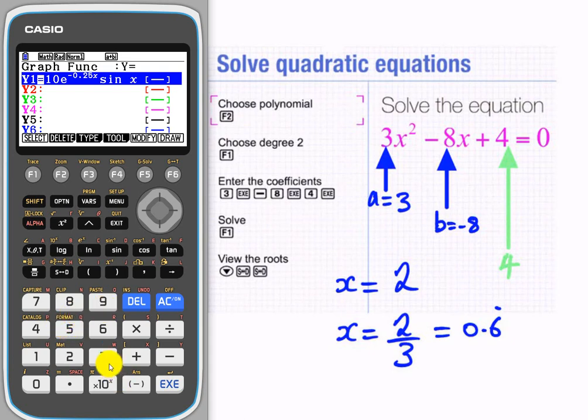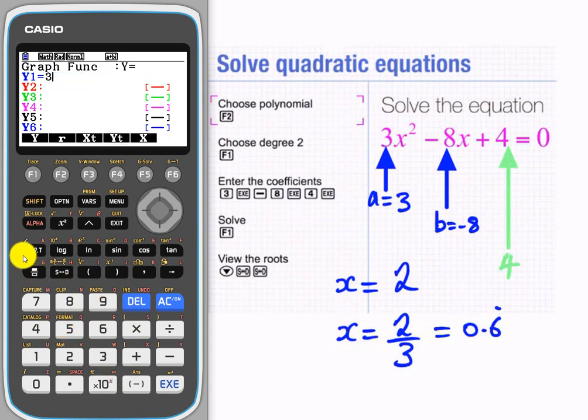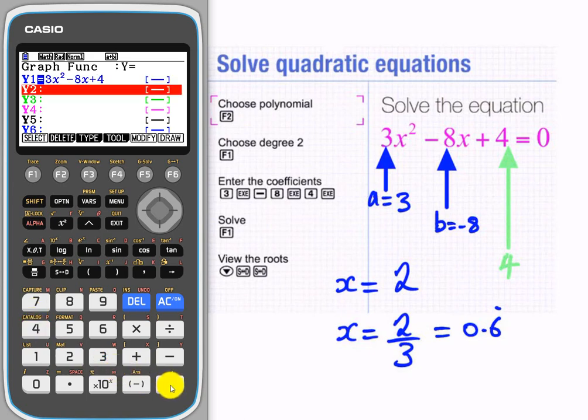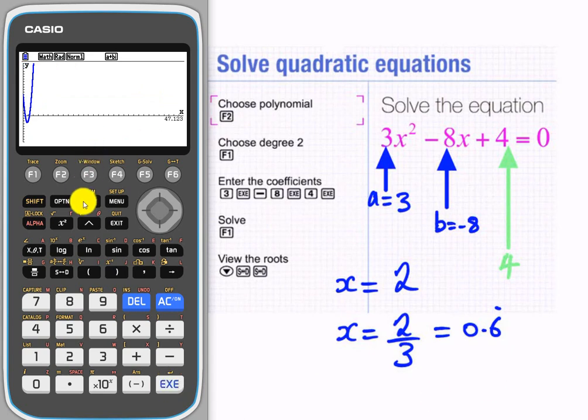And the graph is 3x squared minus 8x plus 4. Press 3x, then squared, minus 8 and then x, plus 4, and press execute again. It gives us that graph.